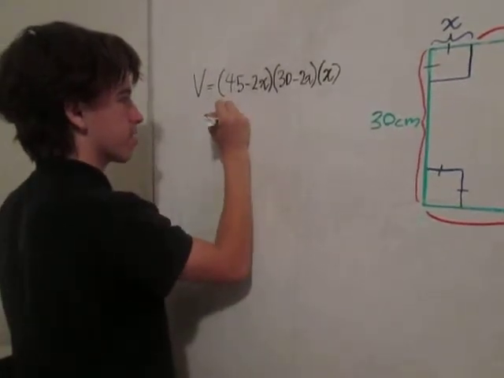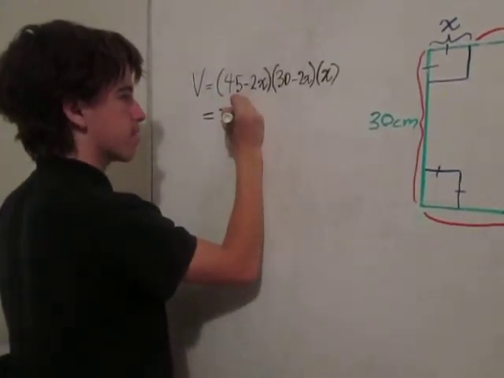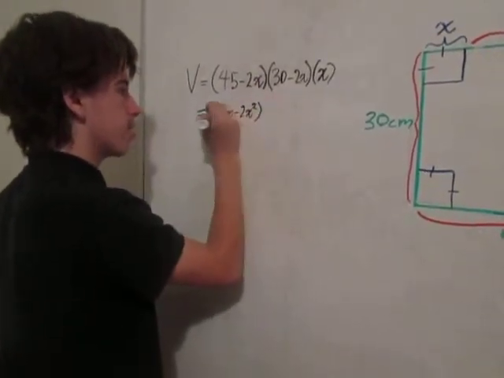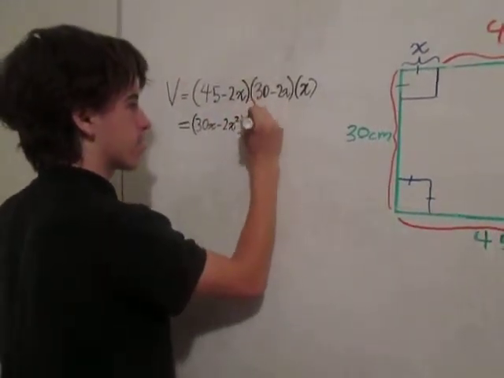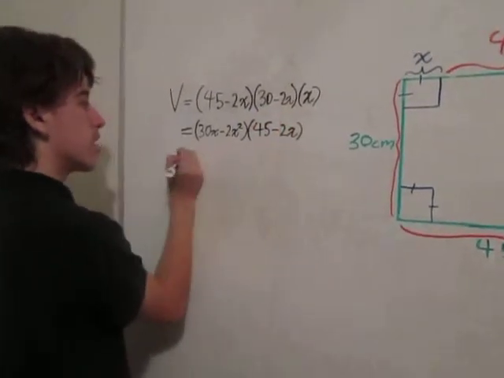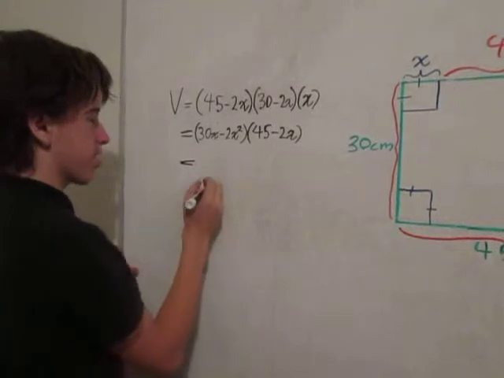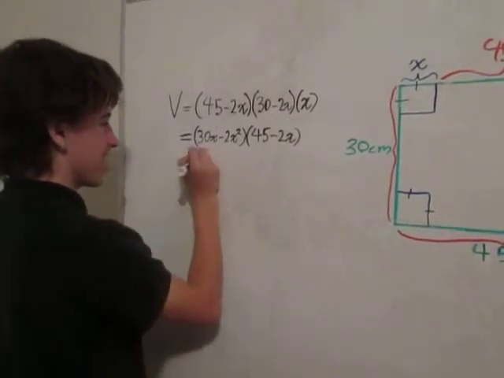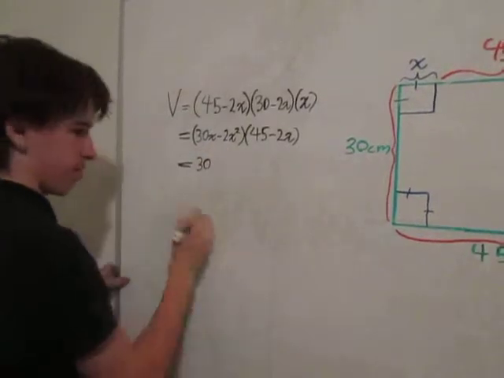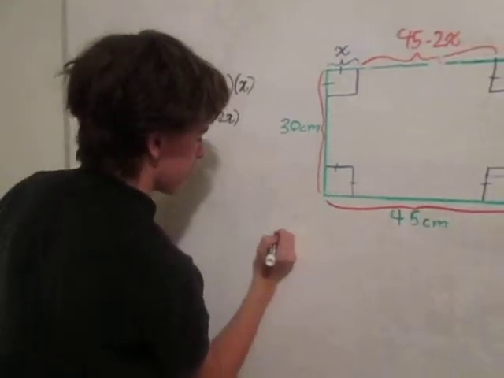We can just distribute them into one. So that's 30x minus 2x squared times 45 minus 2x. Right, just basic distribution. So it's 30 times 45, let's just do the basic arithmetic over here.